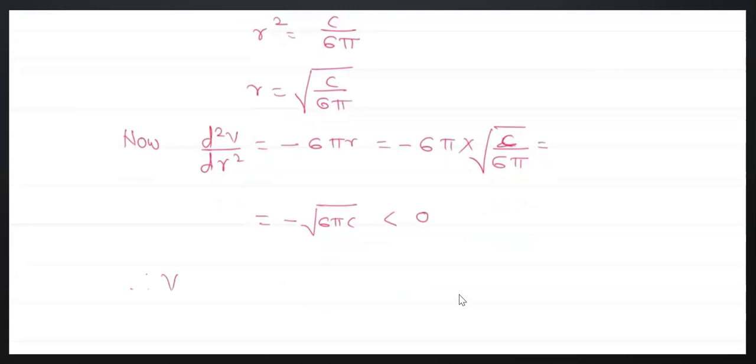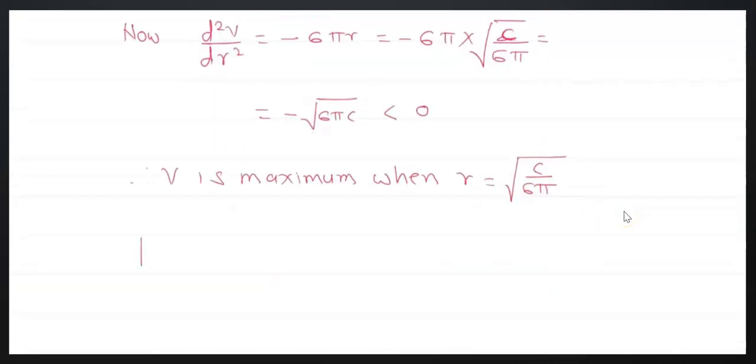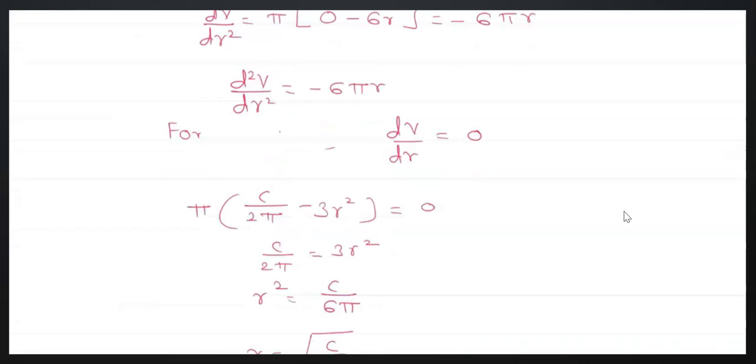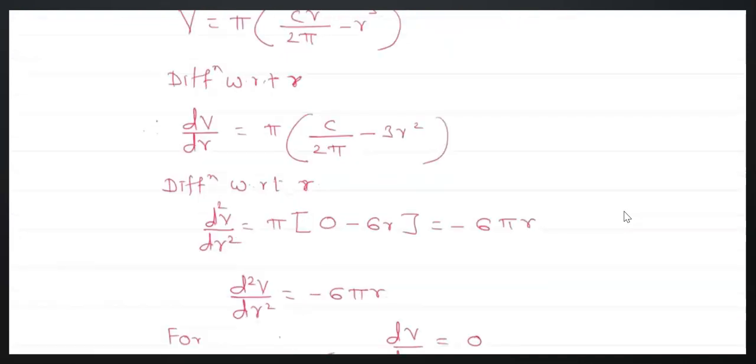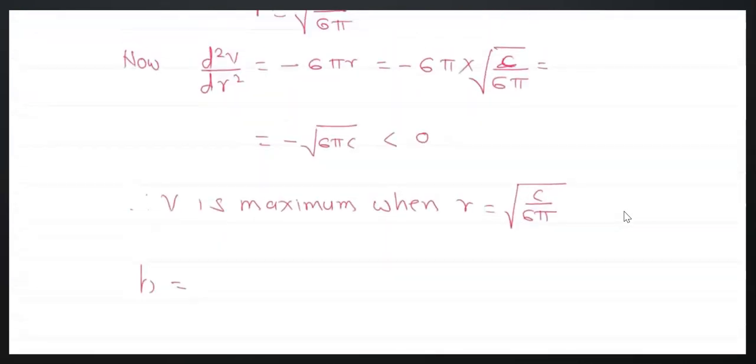If we calculate it, you will get minus root of 6 pi c, which is negative, and this is the condition for the maximum. Now our next job is the relation between the height and the diameter, or height and the radius.